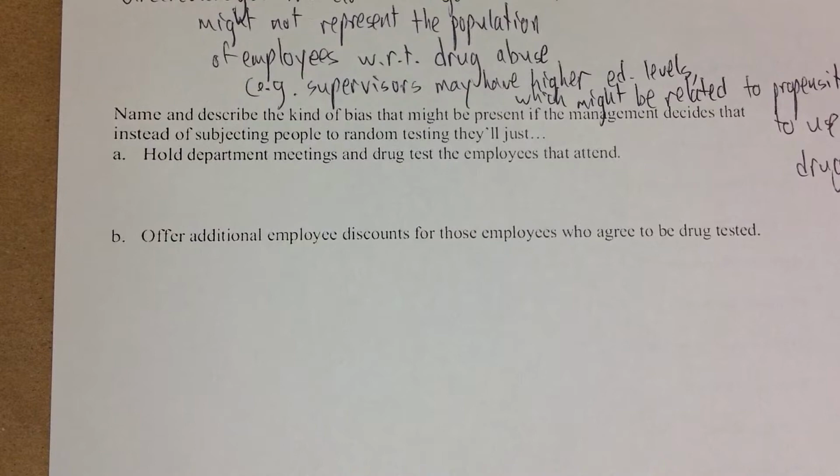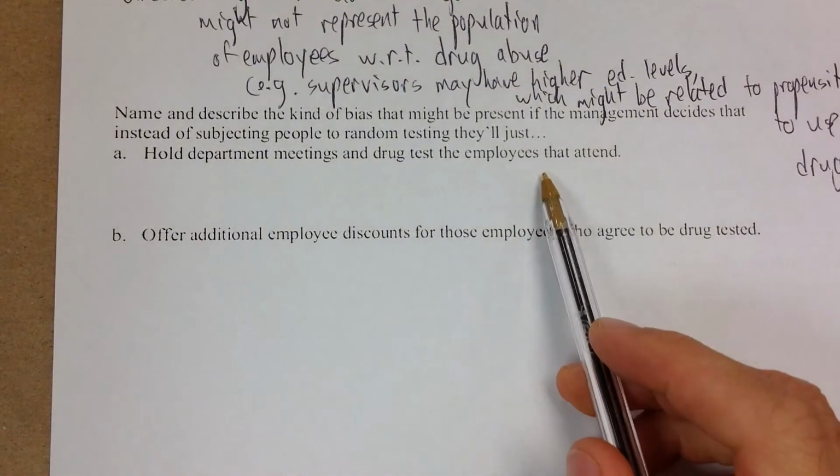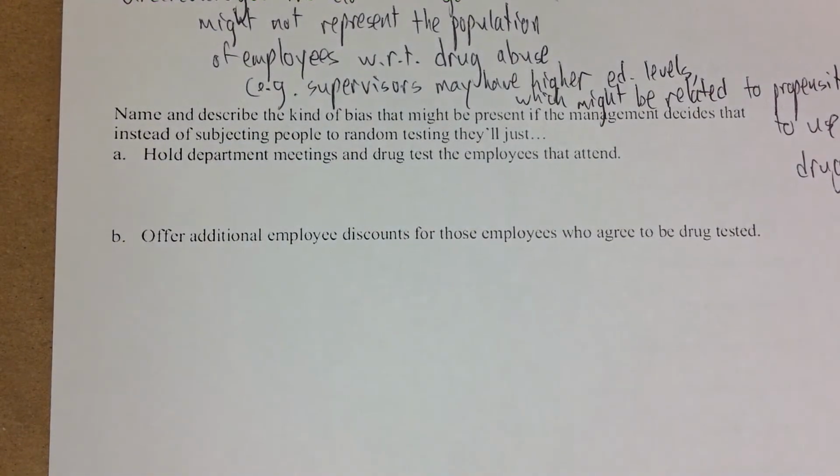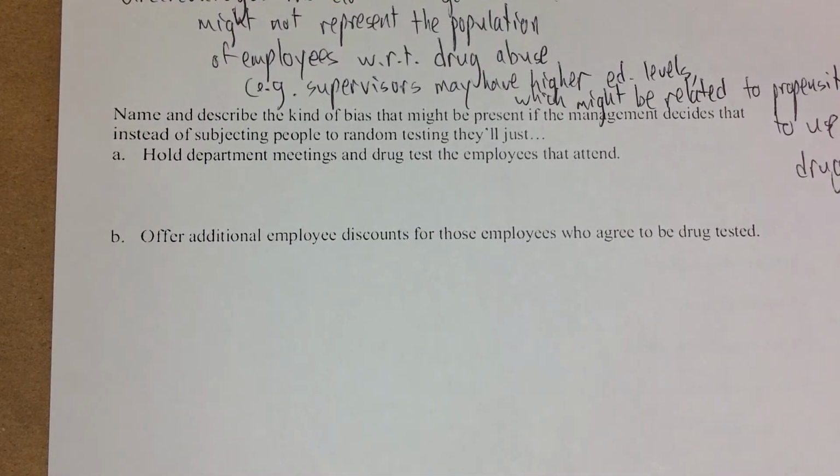You could say that there would be non-response bias because if they don't go, then they won't be drug tested, and it's not an accurate representation of everyone. Sure. We're only getting the employees that attend the department meetings. So those that don't attend are just not going to be part of the sample at all. And if there's something about those non-attendees that is related to using drugs, then it's a form of bias.